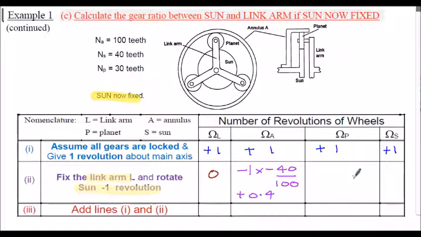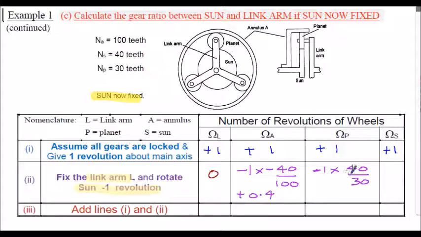Now for the next one, we're looking for the planet to the sun. Again, the sun is moving -1, so I'll put the figures in: -1 multiplied by the sun's 40, but this time divided by the 30 teeth on the planet.